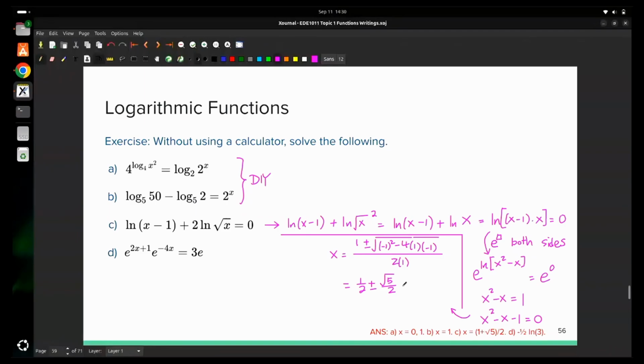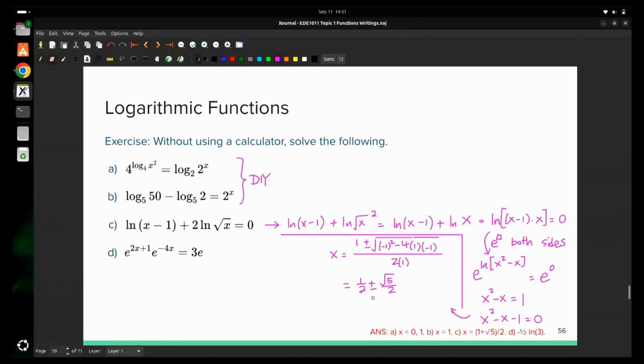When it's half plus root 5 over 2, it's a positive number. So positive number is okay, because root of a positive is okay, right? But when you have half minus root 5 over 2, it's negative. This guy is negative when you have a minus here. Agree? So root of a negative is undefined.